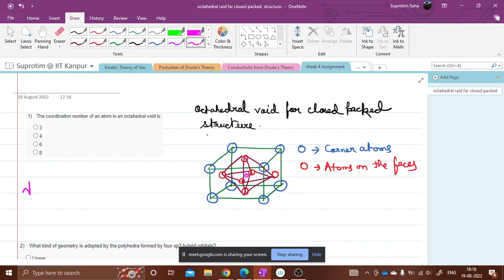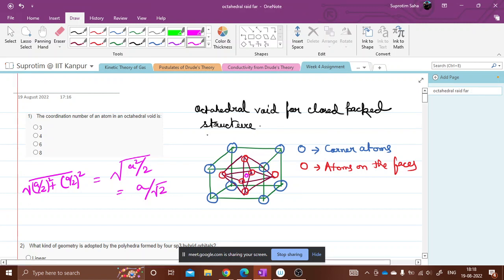So the side is the square root of (a/2) squared plus (a/2) squared, which is a squared over 2, that is a by root 2. So these octahedra all have sides of length a by root 2. So they are regular octahedra.